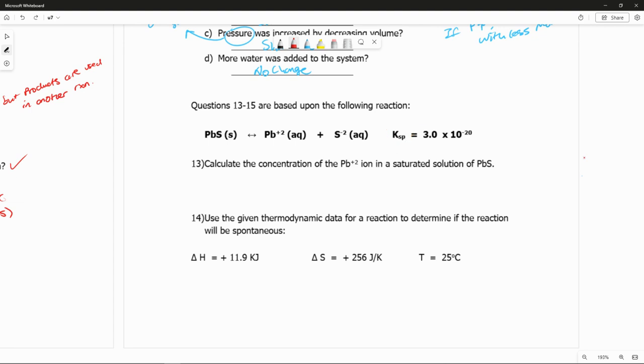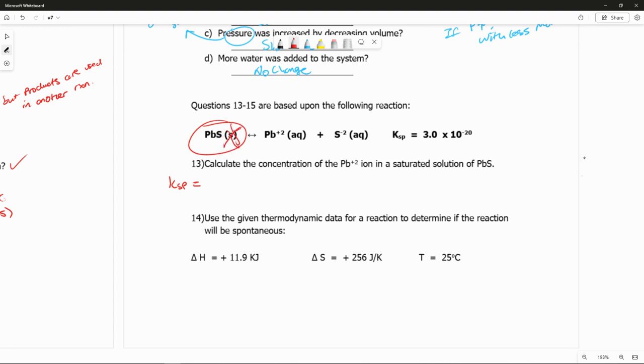The equation for KSP is the same thing as our equilibrium constant expression. KSP equals the concentration of our products over reactants. When we take a look at our products, we have aqueous, aqueous. When we check out our reactants, we only have a solid.